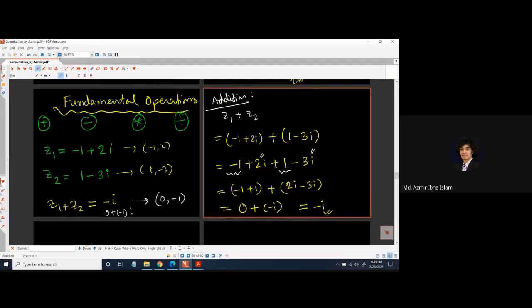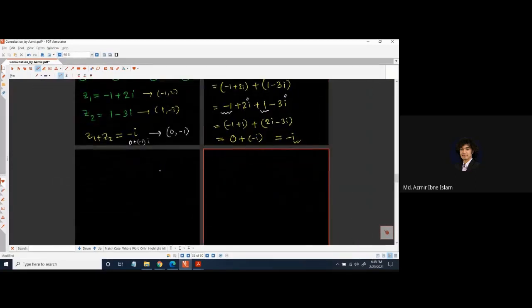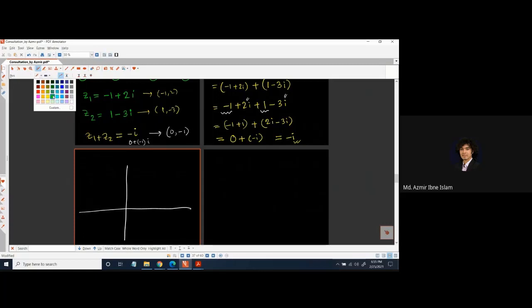So for now, let me show geometrically. So you will find a pattern. So -1 comma 2. So this point is representing Z1. 1, -3.